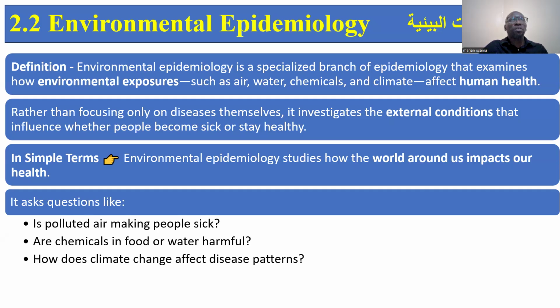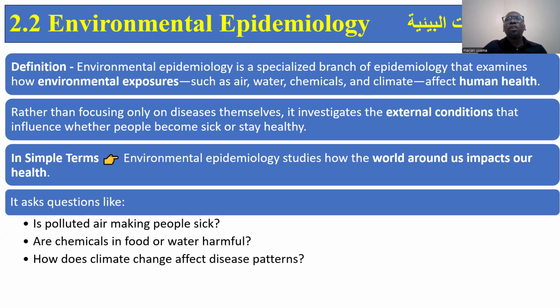So this is a branch of epidemiology that does what? That examines how, this is very important, examines how environmental exposures such as air, water, chemicals, and climate affect human health. Full stop.